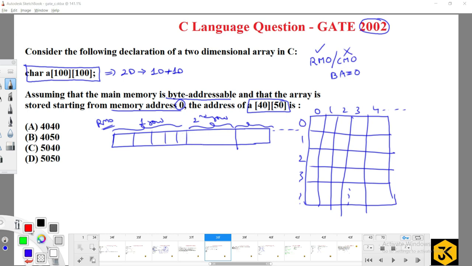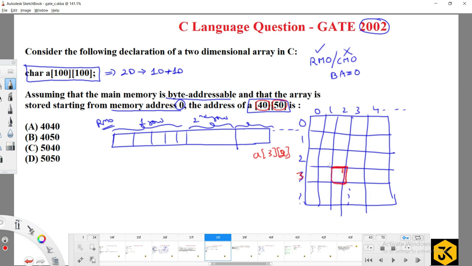Here, what they are asking is to find out the memory location of the 40th row, 50th column. For example, I would like to find out A[3][2]. A[3][2] means this particular location, right guys?